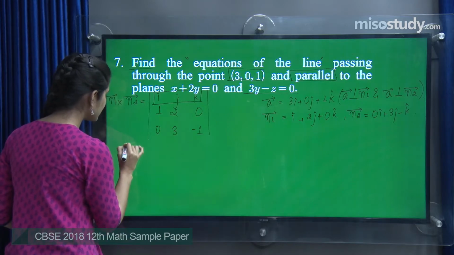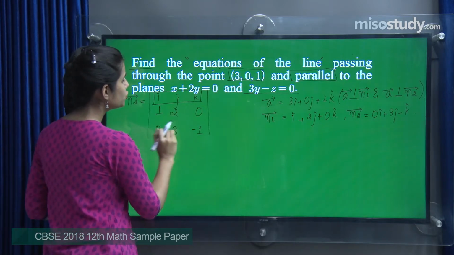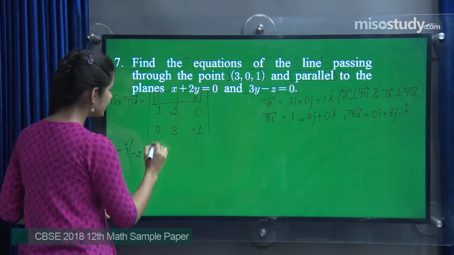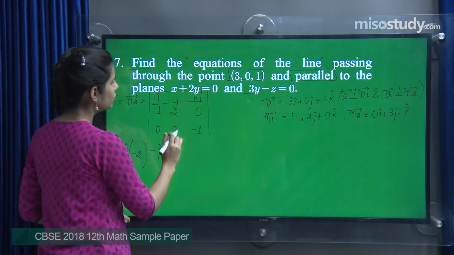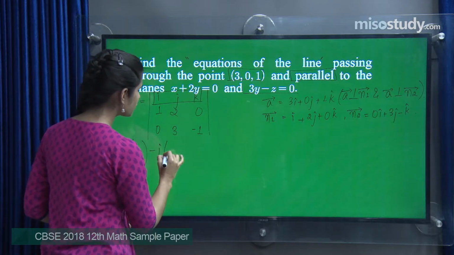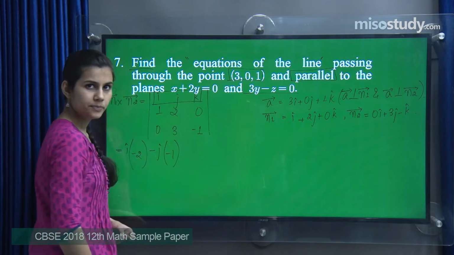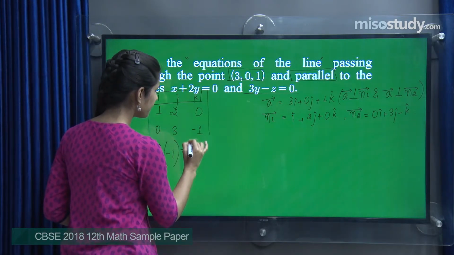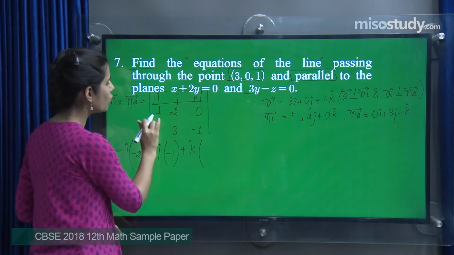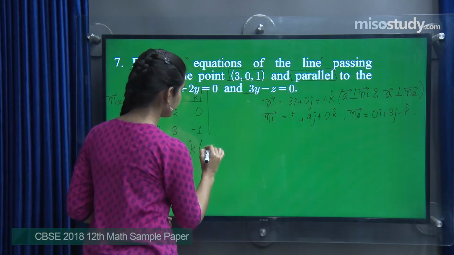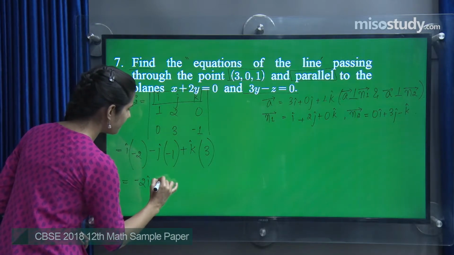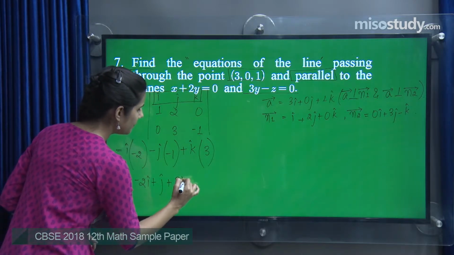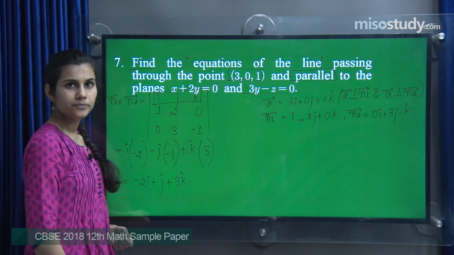What is it that you get? 2 into minus 1 minus 0, minus j cap, 1 into minus 1 minus 0, plus k cap, 1 into 3 minus 0. And this gives you minus 2i cap plus j cap plus 3k cap.